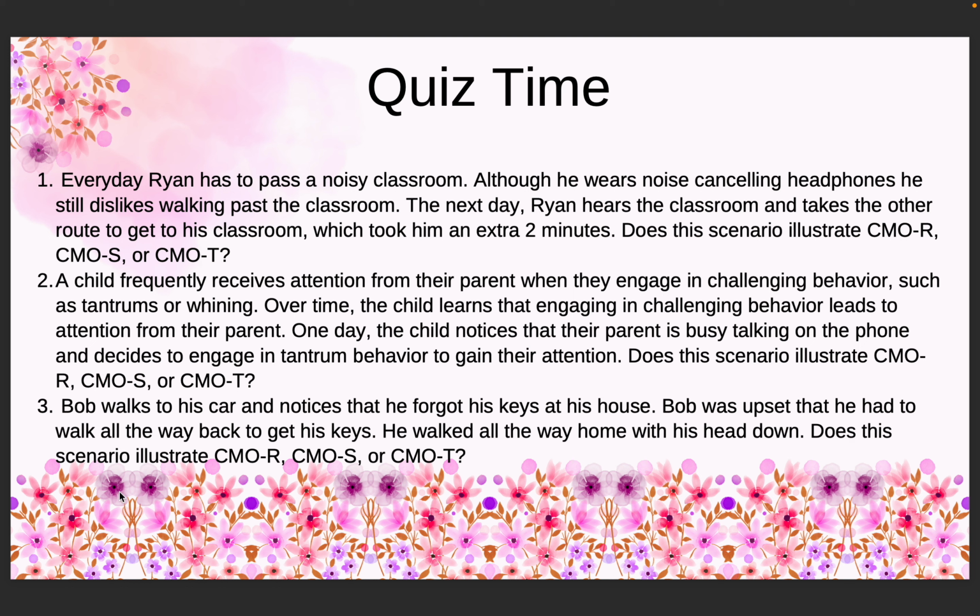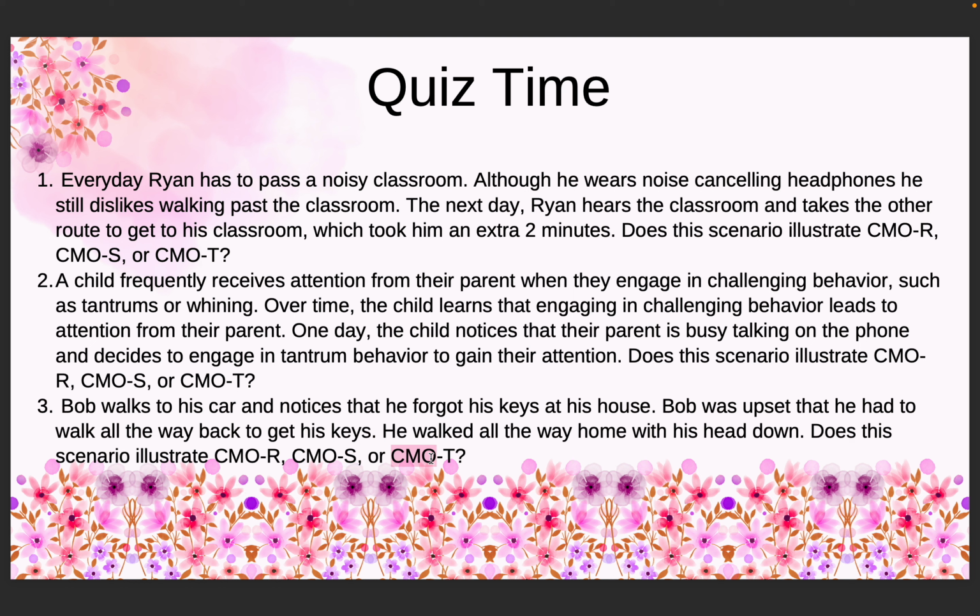Number three. Bob walks to his car and notices that he forgot his keys at his house. Bob was upset that he had to walk all the way back to get his keys. He walked all the way home with his head down. Does this illustrate CMO-R, S, or T? Does it signal something bad is going to happen? No. Is there some sort of pairing process that's happening in this situation?